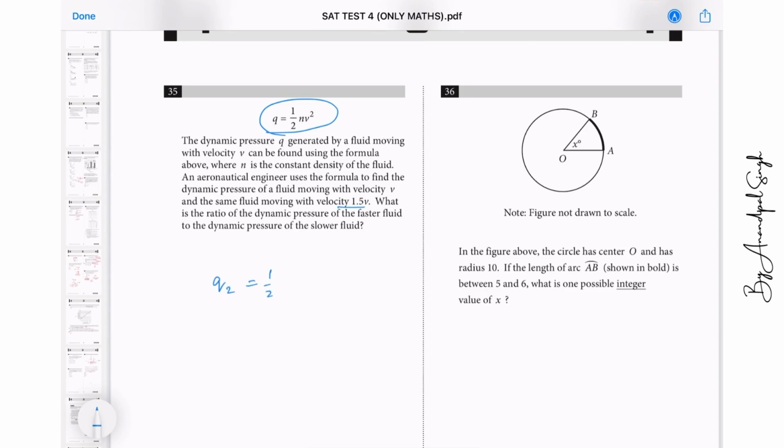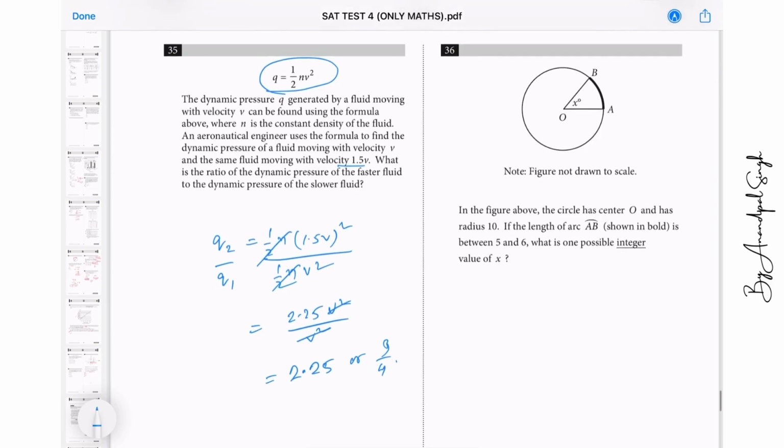It is half of n into 1.5 v whole square, and Q1 is the slower one, which is half of n into v square. Cancelling this and this, the numerator is 2.25 v square, and the denominator is simply v square. Cancelling v square, we get the answer as 2.25, or you can write 9 by 4. So both are the same.